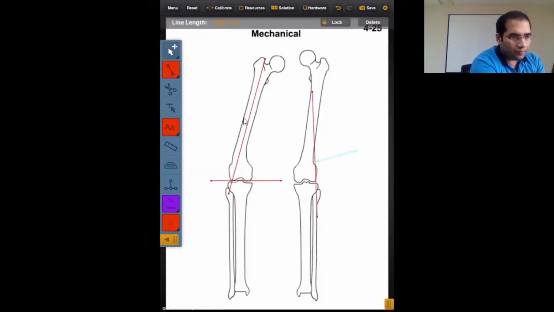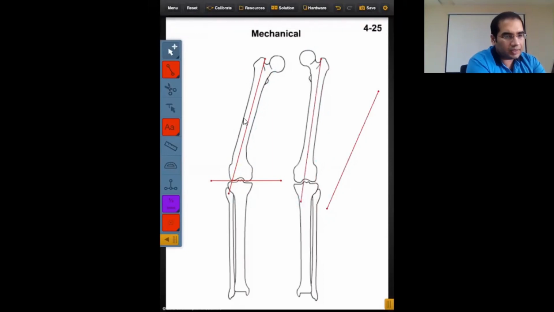What I told you, what was the value of the anatomical mechanical axis? AMA, anatomical mechanical angle, normally is 7 degrees plus minus 2 degrees, meaning 5 to 9 degrees is normal. In a normal femur, the mechanical axis is making an angle of 7 degrees plus minus 2 degrees.